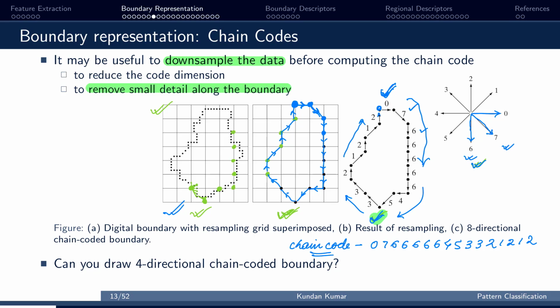Can you write the 4-directional chain code? This is basically the 8-directional chain code, because we have used the 8-directional encoder. So if we use the 4-directional encoder and write our chain code, then it will be our 4-directional chain coded boundary.